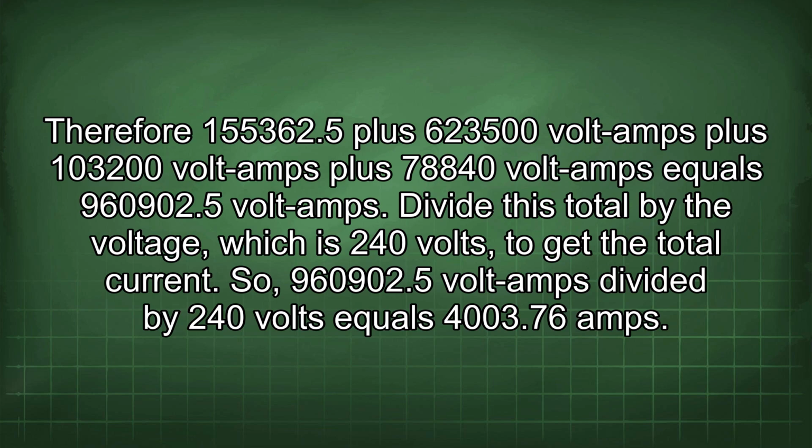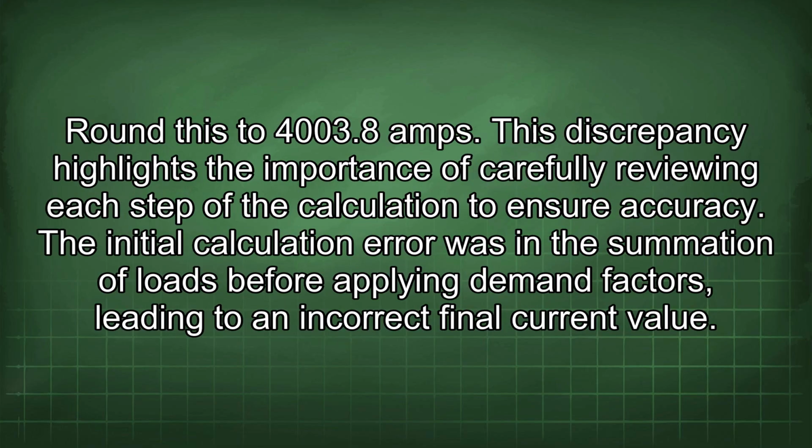Divide this total by the voltage, which is 240 volts, to get the total current. So 960,902.5 volt amps divided by 240 volts equals 4003.76 amps. Round this to 4003.8 amps.